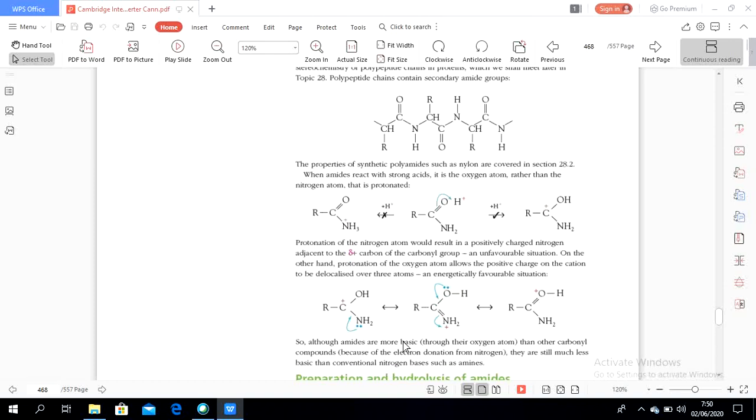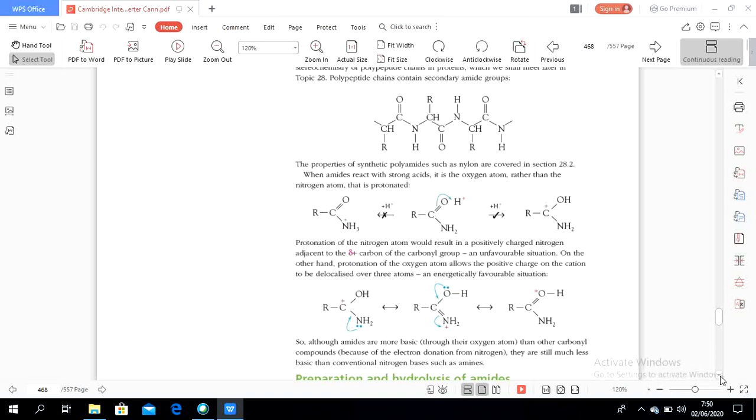So although amides are more basic than other carbonyl compounds, because of the electron donation from nitrogen, they are still much less basic than conventional nitrogen bases such as amines.